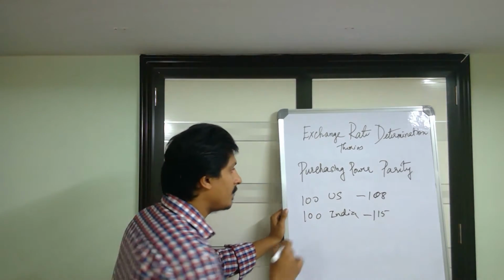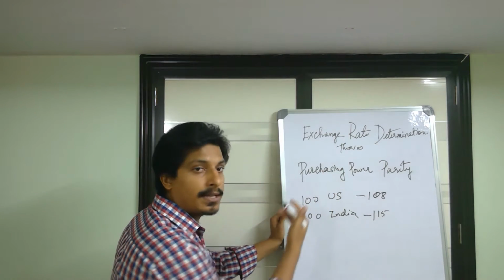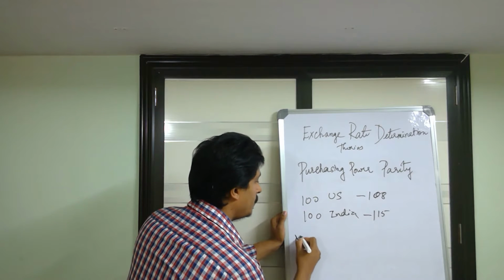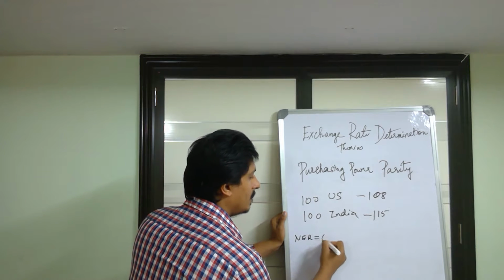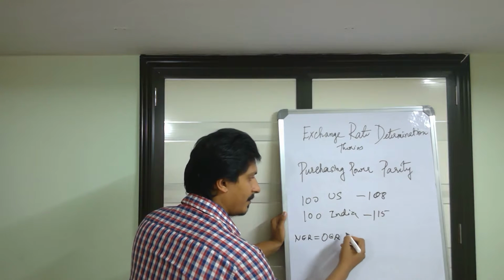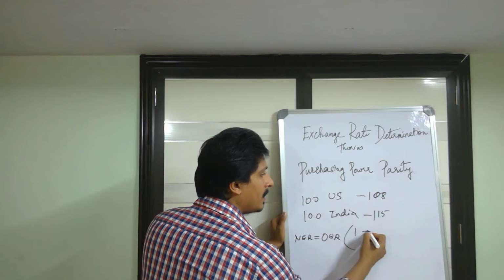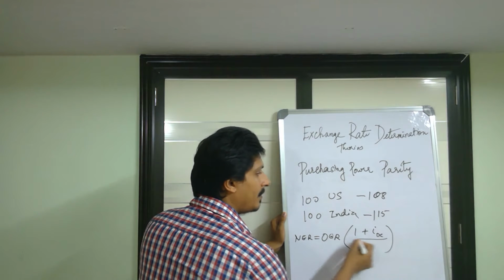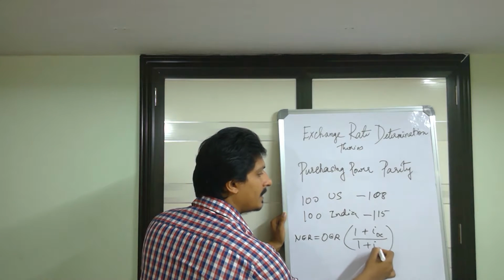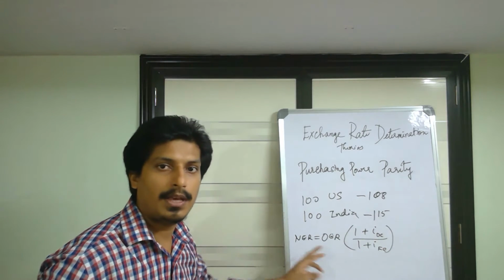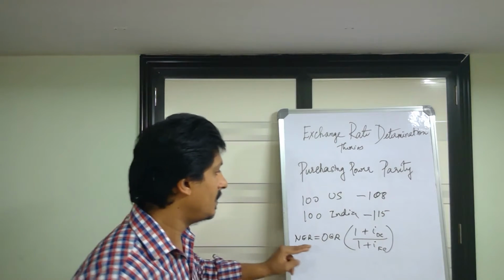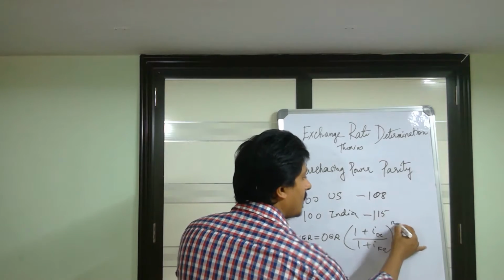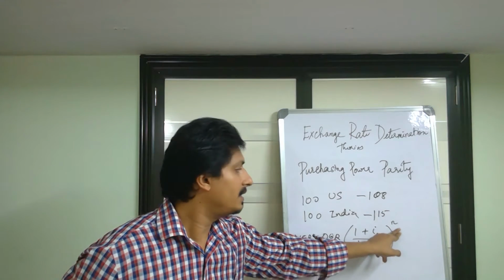The formula that I gave you, the formula proposed by relative PPP theory: the new exchange rate is equal to the old exchange rate into 1 plus the inflation rate in the domestic country divided by 1 plus the inflation rate in the foreign country. The one thing that is missing here, which I had not told you when I was discussing this formula, is that there is one n here, the number of periods. This is essential.